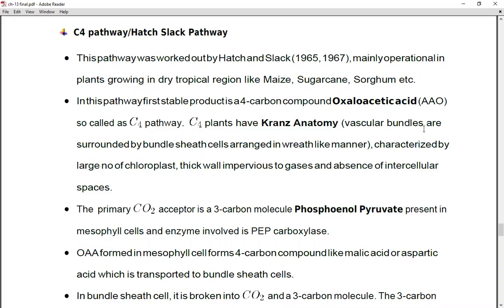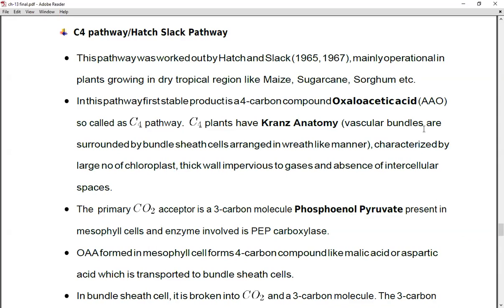Vascular bundles contain 2 types of tissues: the first is the xylem and the second is the phloem. So when the vascular bundle, made up of xylem and phloem, has bundle sheath cells around it, that type of anatomy is known as Kranz anatomy.